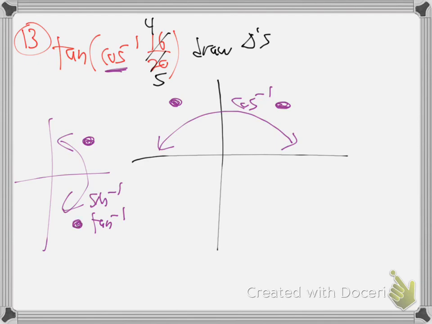You know why? It's the all students take calculus. Because all the trig functions are positive in the first quadrant, so they all use the first quadrant where they put their positive answers. And then they use one other quadrant that contains their negative answers. That's different depending on the trig function.